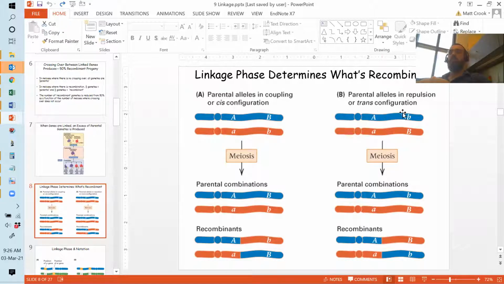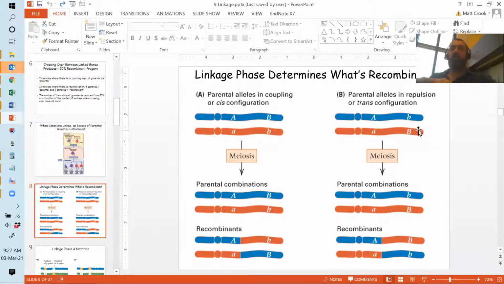This is called trans configuration. This is cis configuration, so cis meaning the same, so you have the same type of allele on the same chromosome, so a dominant and a dominant. Trans being opposite, we have the opposite type, a dominant and a recessive, and a recessive and a dominant.